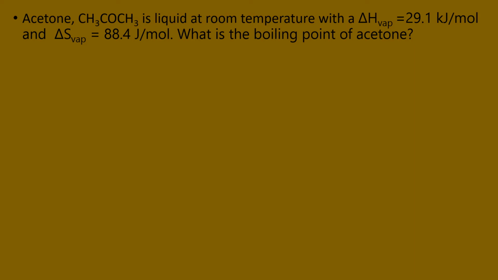Okay, so our formula, again, is delta G is equal to delta H at vaporization minus T delta S at vaporization. So we said delta G is going to be 0. Delta H is going to be 29.1 kilojoules per mole.